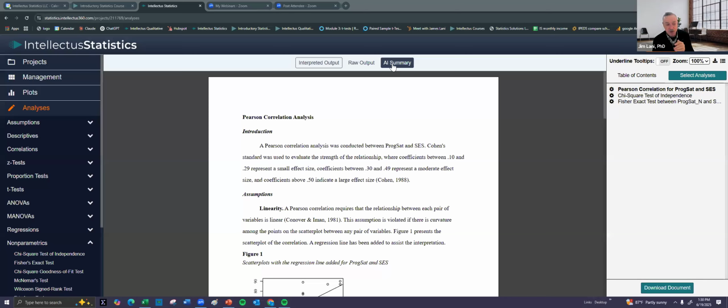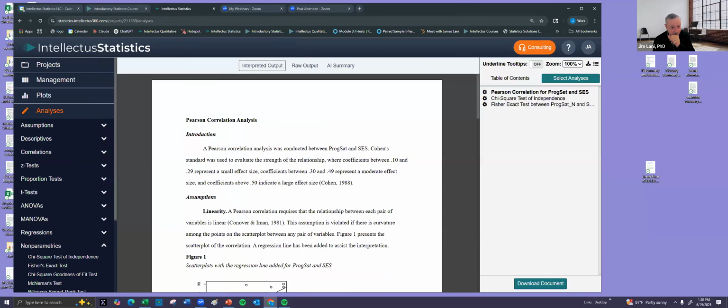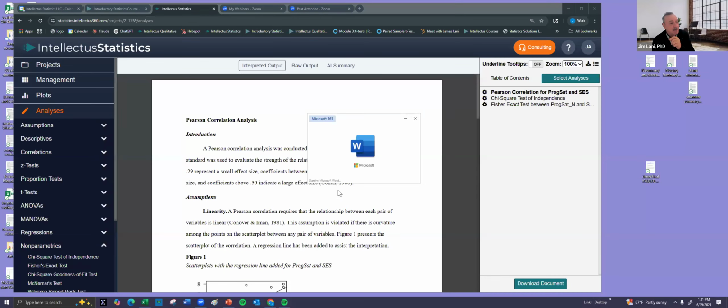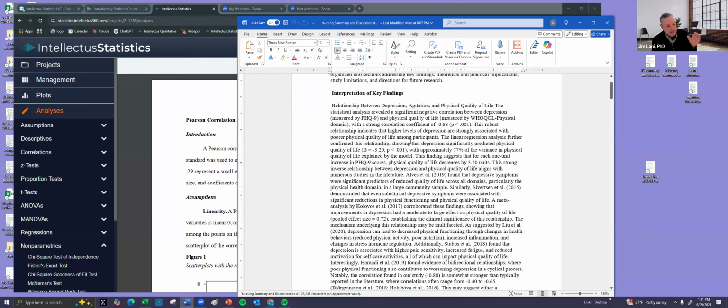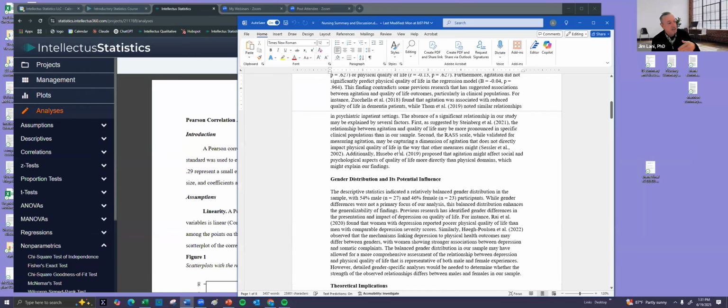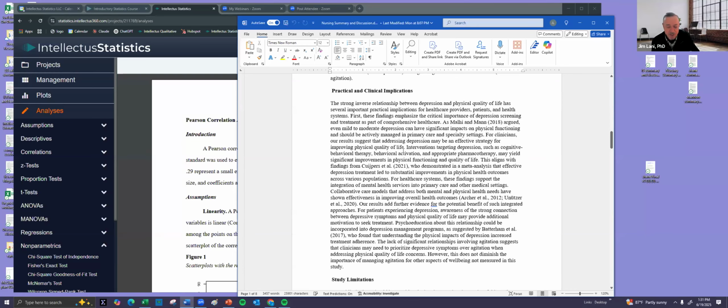So share the word, streamlining results and discussion. To give you a flavor of that, this is the kind of summary you can get from that AI summary: interpretation, theoretical implications, all from your results.